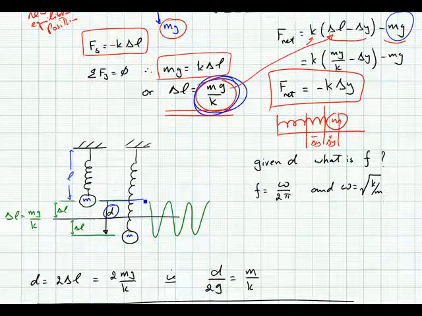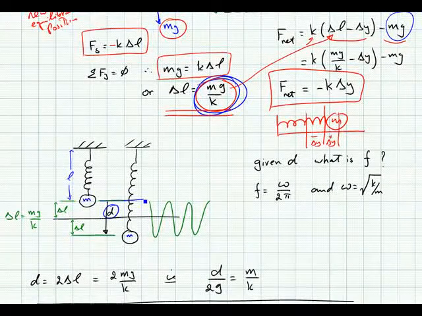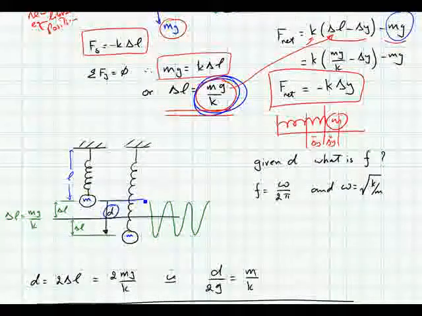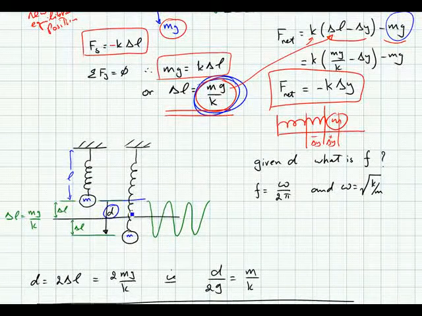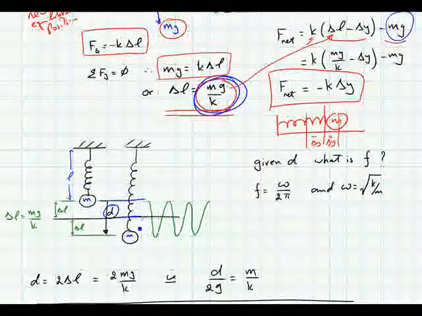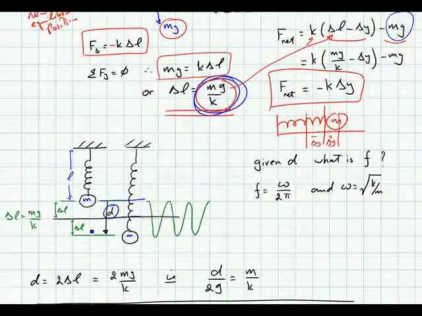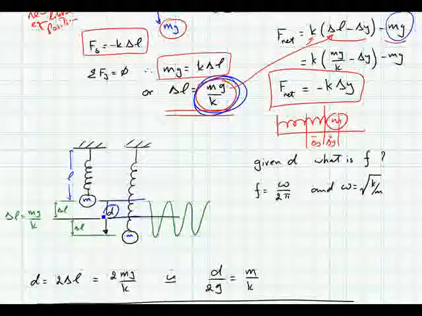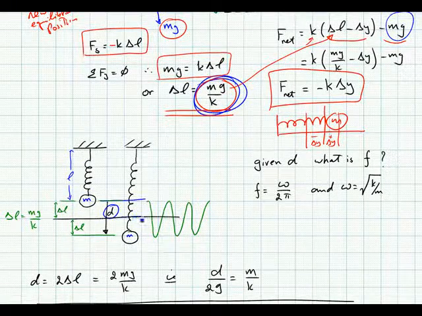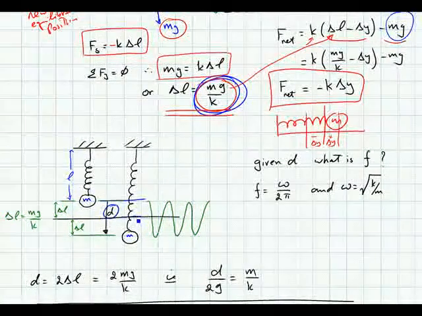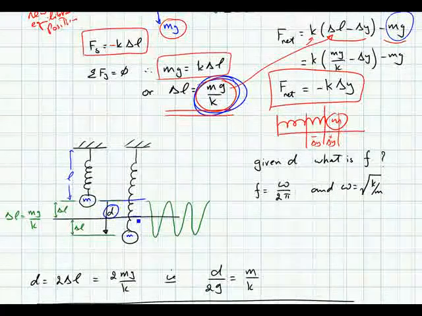Now you have to realize that when you let go of a mass, the mass goes past its equilibrium position and dips as far below the equilibrium position as it started above the equilibrium position.